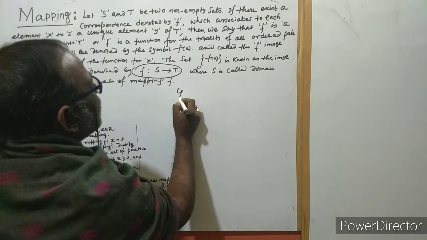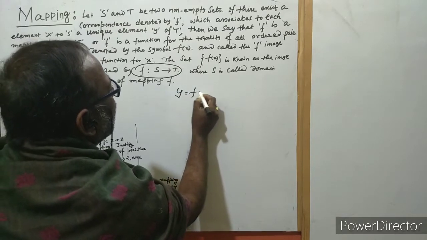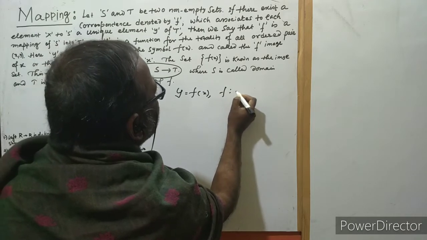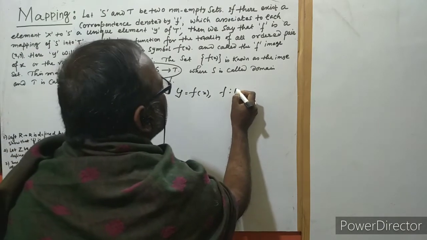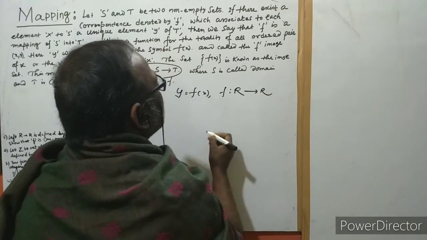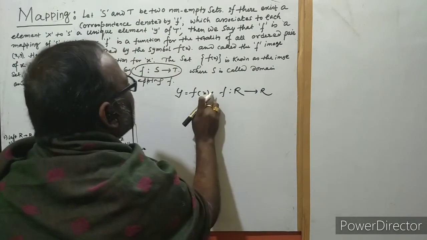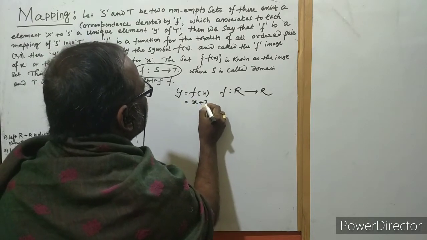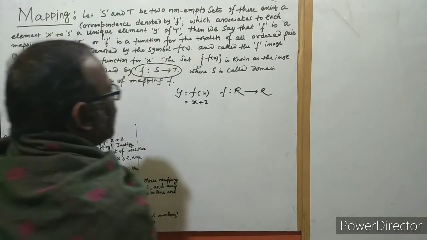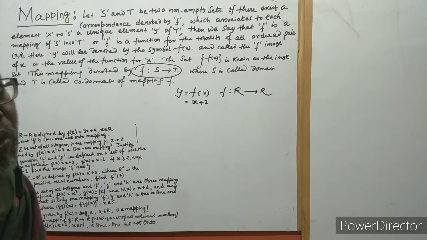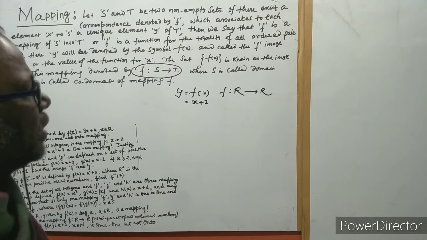See, y is equal to f of x, and f maps, suppose, real numbers to real numbers. Let us assume y equal to f of x is equal to x plus 2. Then I want to introduce what is the mapping, what is the one-to-one mapping, what is the into mapping, and so on.